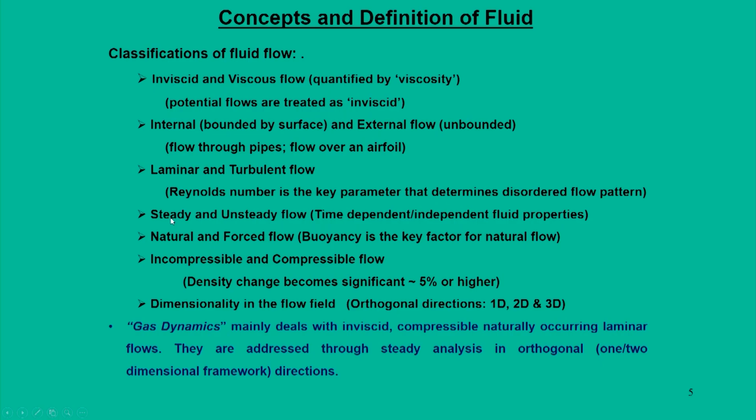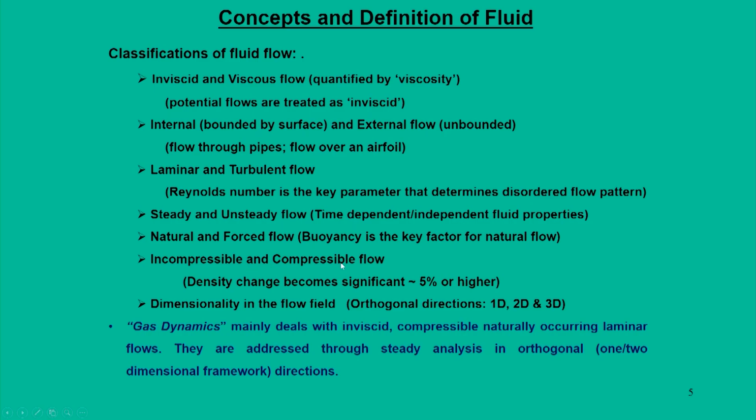Then we have steady and unsteady flows, which are time independent and time dependent. Then we have natural and forced flow, where buoyancy is the key factor, and in most of our cases we do not mainly deal with natural or forced flow. And most important, the very vital factor, is incompressible and compressible flow.